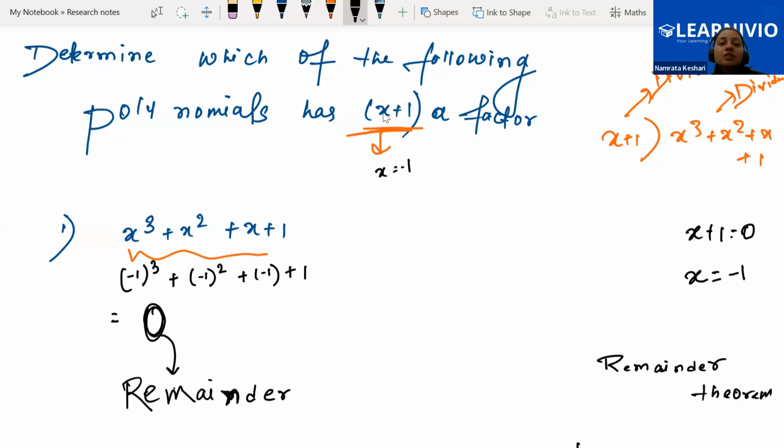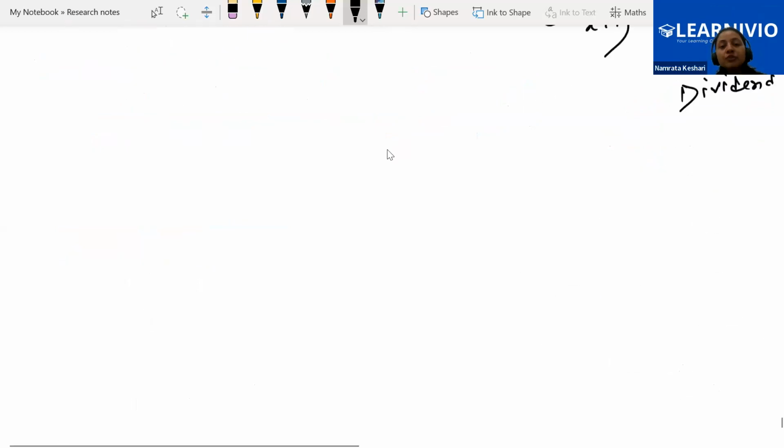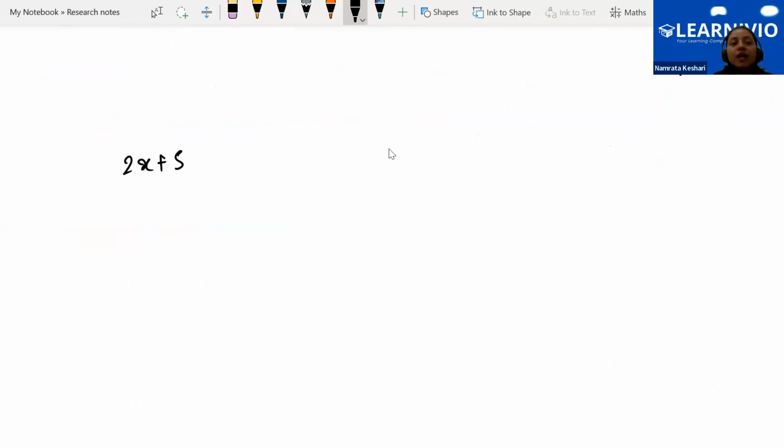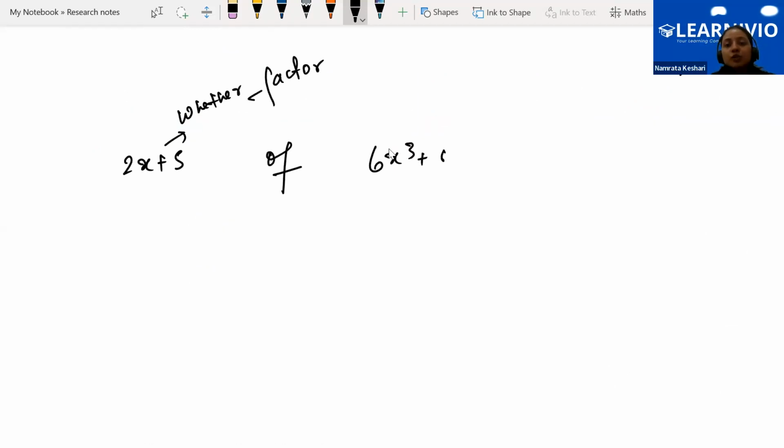This is how we will check the factor. If suppose all of a sudden 2x plus 5 is there, and we have to check whether it's a factor of, let's say, 6x cube plus 5x square plus 2x plus 3, then we would have to perform the division.